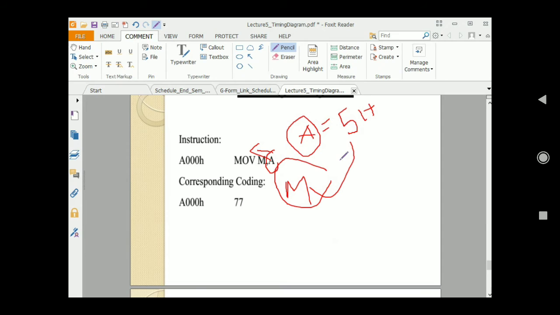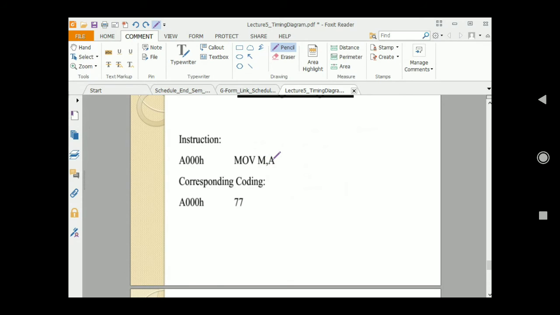Memory जो accumulator में present 5 है, I am going to move that particular 5 to my memory unit. That's why it is also an example of a write operation. So accumulator में जो भी content है, whatever the content in the accumulator is going to be moved from this one and put into my memory.